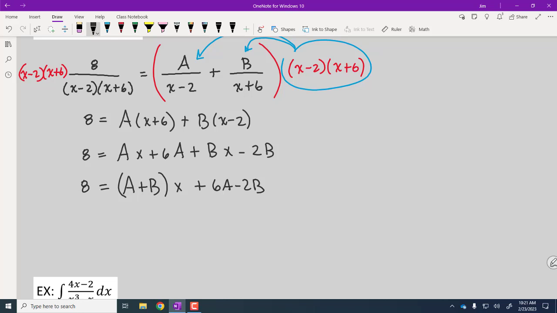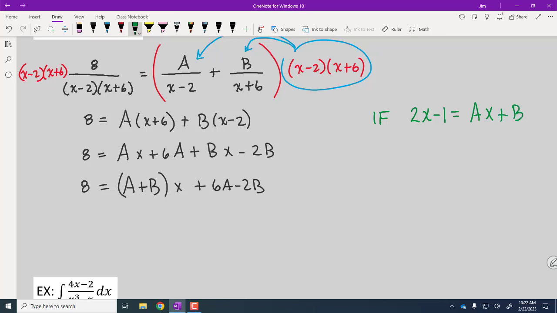Okay. Now, let me ask you a question. If you have two polynomials that are set equal to each other, let's do it on the board, actually. So what if, this is an if, you have 2x minus 1 equals, let's make it even simpler, ax plus b.